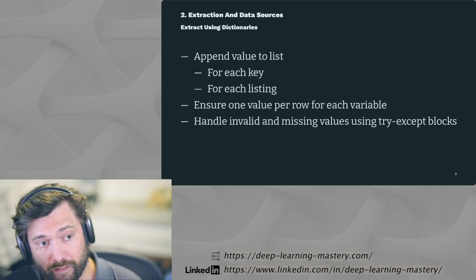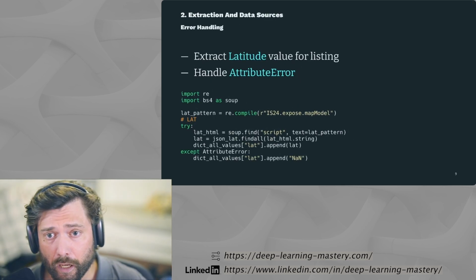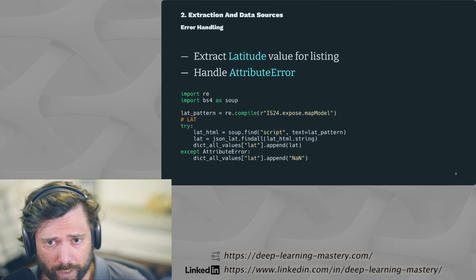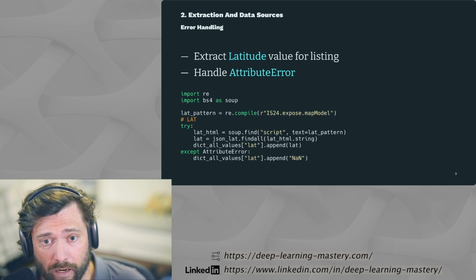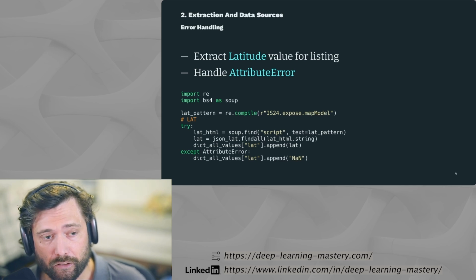Error handling played a crucial role in our extraction process. For example, when extracting the latitude value for a listing, we used a try except block to catch any attribute error that might occur, appending NaN as a placeholder when necessary.